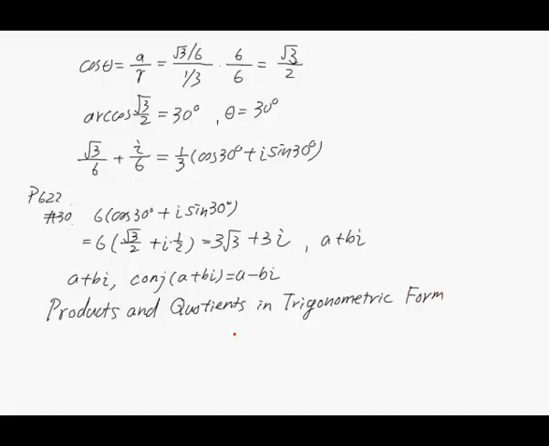Suppose we have two complex numbers in this trigonometric form. Z1 equal to R1 times cosine theta 1 plus I times sine theta 1.